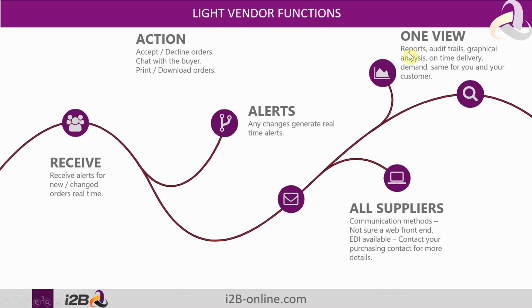It's just a single view. So as I mentioned before, there is a full account version where there's graphical analysis and on-time delivery stats, etc. If that's of interest to you, again, just get in touch with your procurement contact, your buyer at your client, and they can progress that further with you.